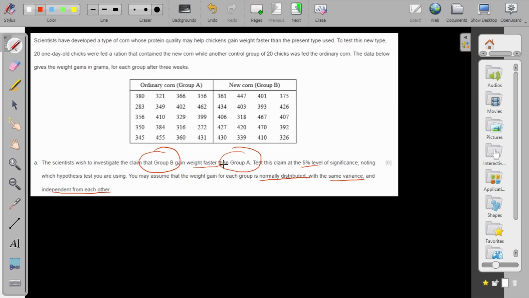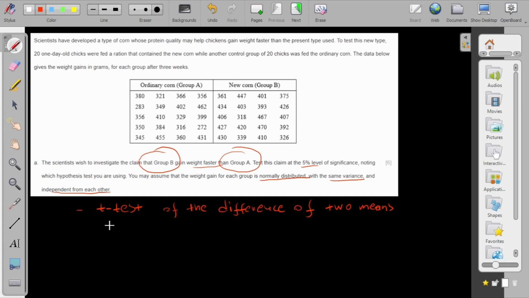So I will use the t-test of the difference of two means. That's my test that I will use, so that's my answer concerning which test to use.